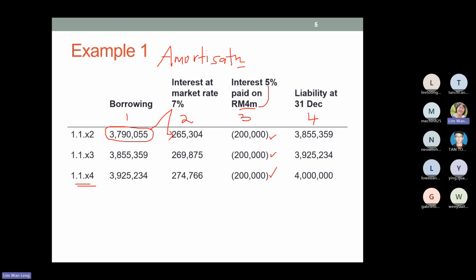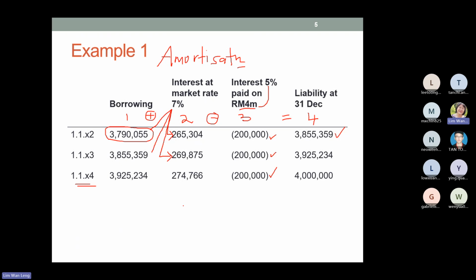Once you get the column 1, column 2 and column 3 figures, how to get to the last column? It will be 1 plus 2 minus 3. Closing at the end of the first year is the same as the beginning of the next year. So again, you take this times your 7% to get the second column's figure, and 1 plus 2 minus 3 gives you the last column.